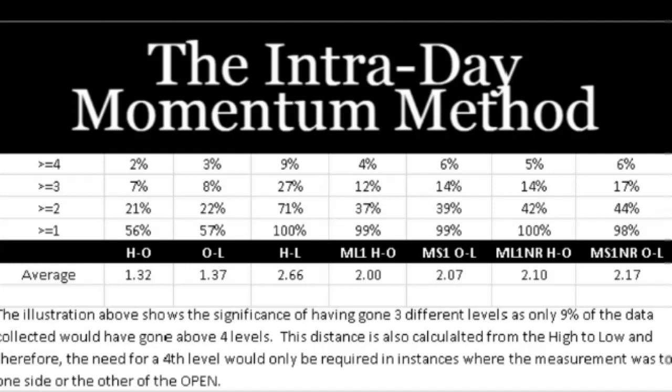So if I took the stocks that met the ML1, only 4% of those stocks would have needed an additional level up, like an ML4, to have collected all the data over the last 5 years. On the downside, it was 6%. So 94% of the data that met the MS1 level down captured the entire range of the day.